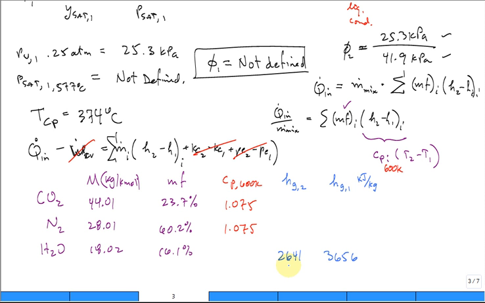This one, it's the enthalpy of steam at a pressure and a temperature. This pressure is 0.25 bar or atm, 0.253 bar or 25.3 kilopascal, and the temperature coming in was 577 degrees C.